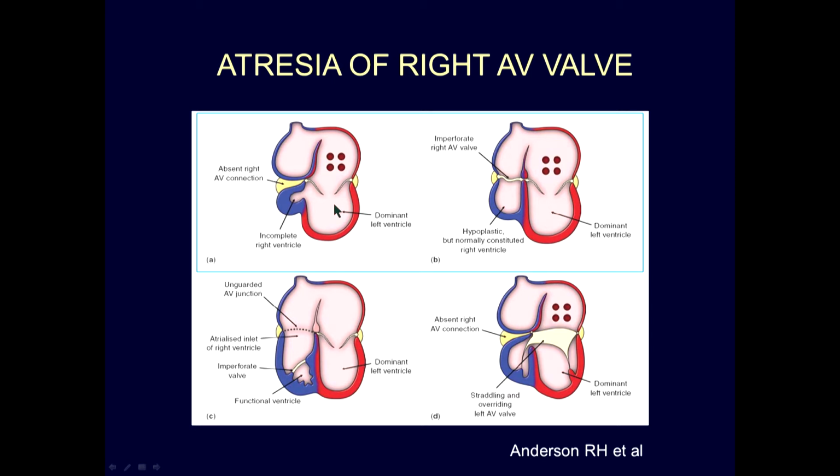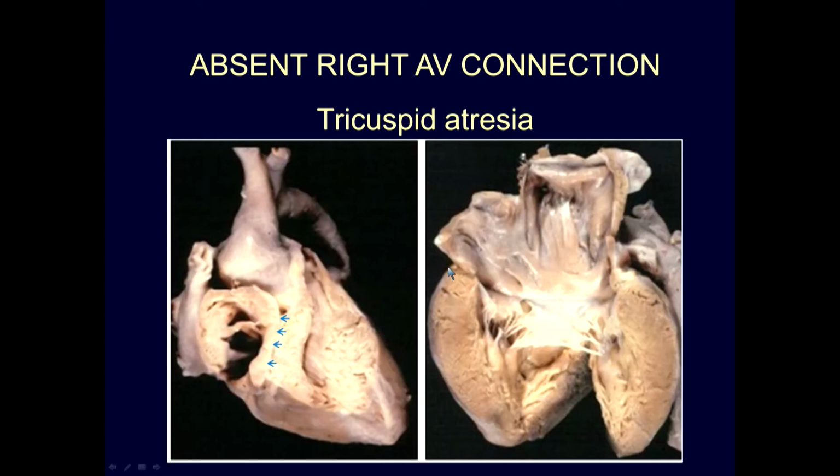This is the typical type of tricuspid atresia, but in some there is a connection with no perforation in the AV valve. In these cases also, the blood from two atriums joins the one dominant ventricle. So this is the case of univentricular AV connection. And this is the specimen of the tricuspid atresia.